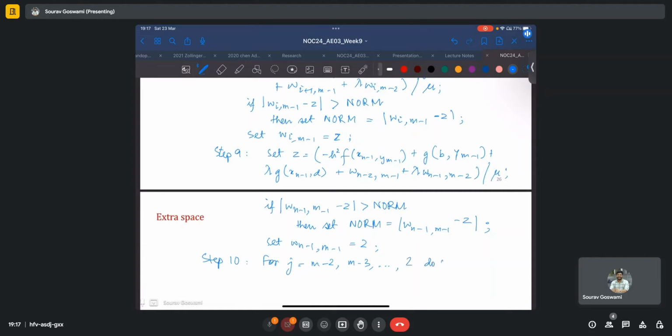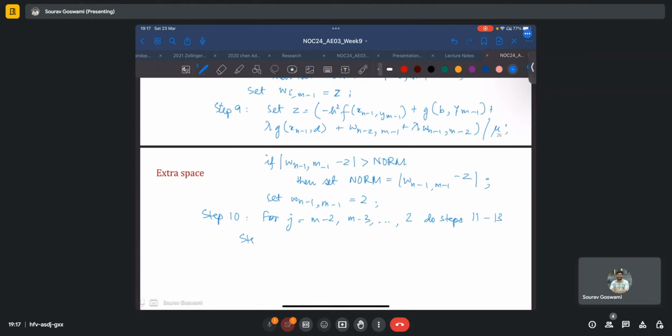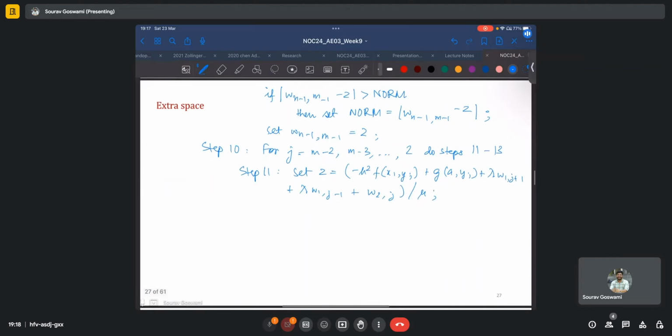For j equals 2 till m minus 2, we do steps 11 to 13. Step 11 involves setting z equals minus h square f of x1 comma yj plus g of a comma yj plus lambda w1 comma j plus 1 plus lambda w1 comma j minus 1 plus w2 comma j, by mu. Again checking for the norm.